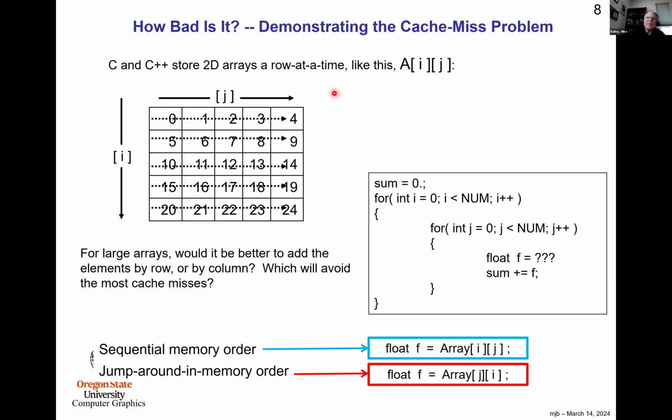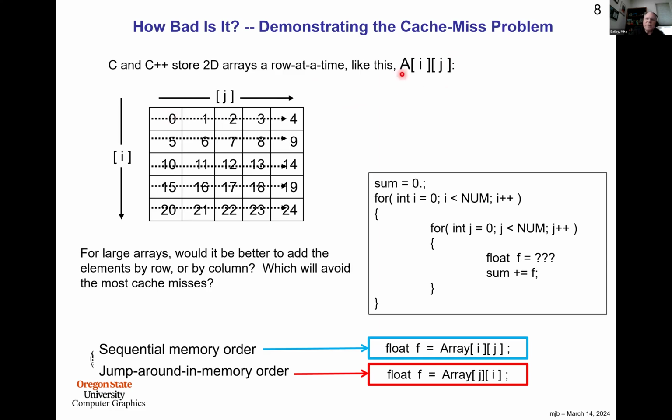Okay, let's do an example. So C and C++ store 2D arrays a row at a time. We do this sort of thing in C and C++ to make a 2D array. There really is no such thing as a 2D array. It's a 1D array, but this terminology is convenient for us humans if we want to think in 2D.